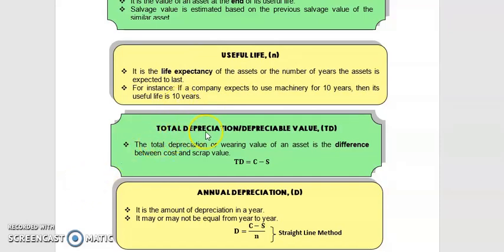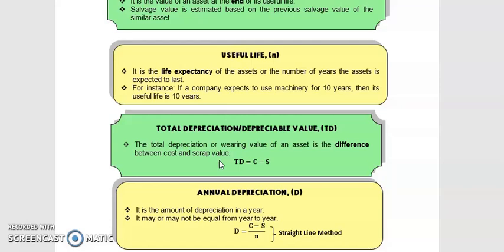Next, total depreciation or depreciable value, TD. Total depreciation, or wearing value of an asset, is the difference between the cost and scrap value. For example, just now we bought a car for 60,000, it can last for 15 years, and at the end of 15 years the value of the car is 2,000.